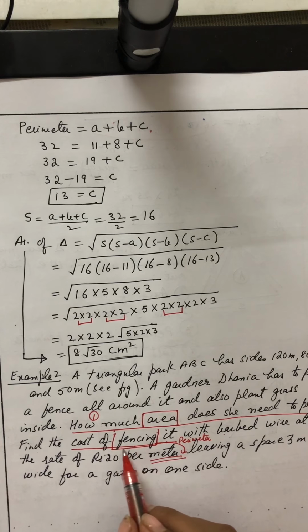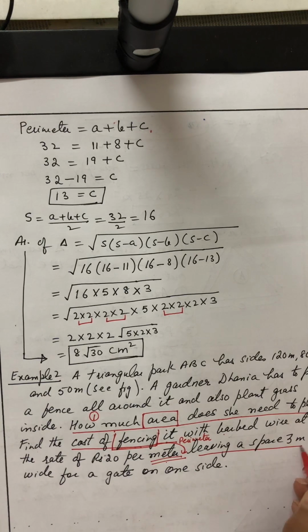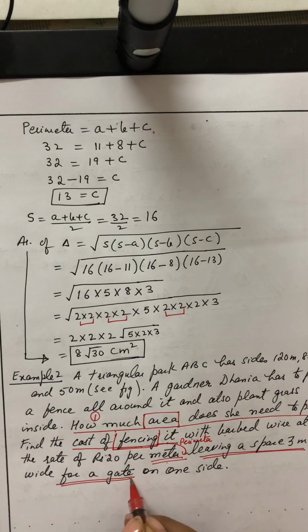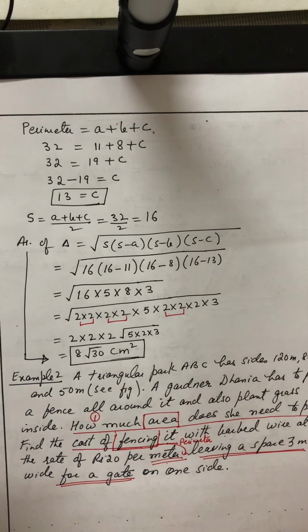Once you find the perimeter, then we can work on the cost of fencing, right? But when we are doing this fencing, we have to be careful while calculating, because we have to leave a space of 3 meters for the gate, because when you are entering your field, you need a gate. You can't jump and get into your field, right? So I'll first draw the figure and then start explaining the question to you. The figure is like this.